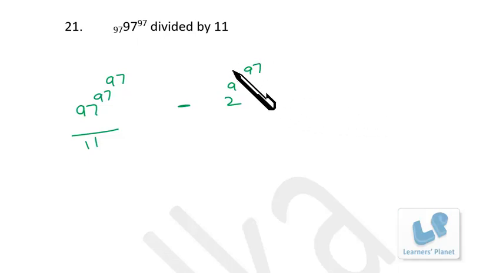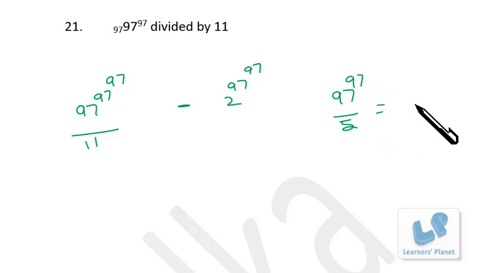So what we can do, we can convert this power to multiples of 5, right? So 97 raised to 97, when we divide by 5, what will be the remainder? That we can find out just by looking at the unit digit. 7 raised to 97, the unit digit will be 7 only.